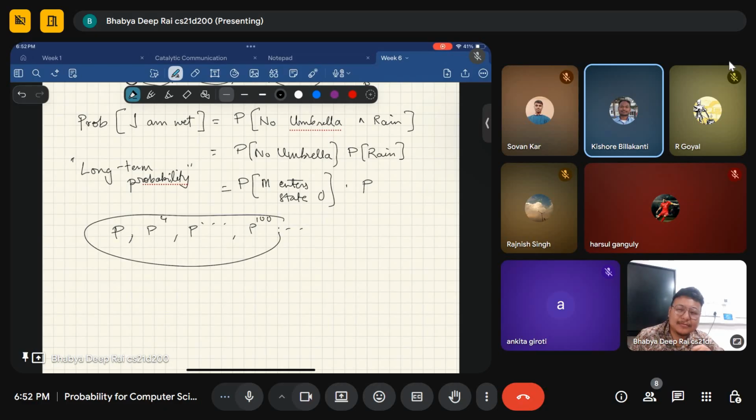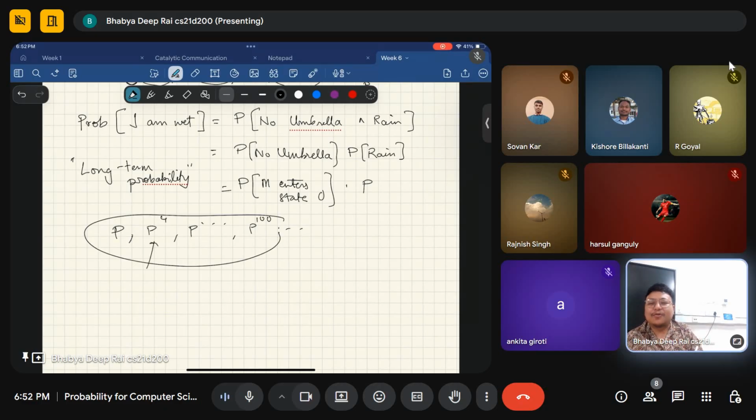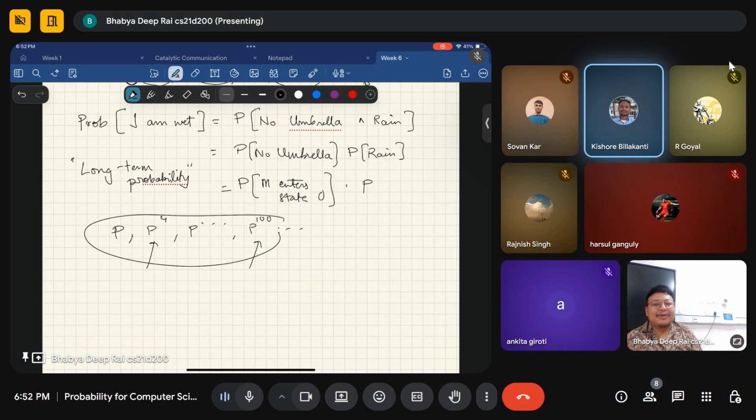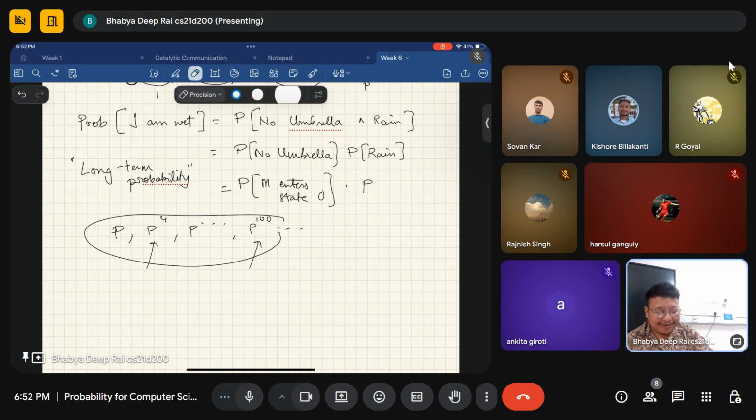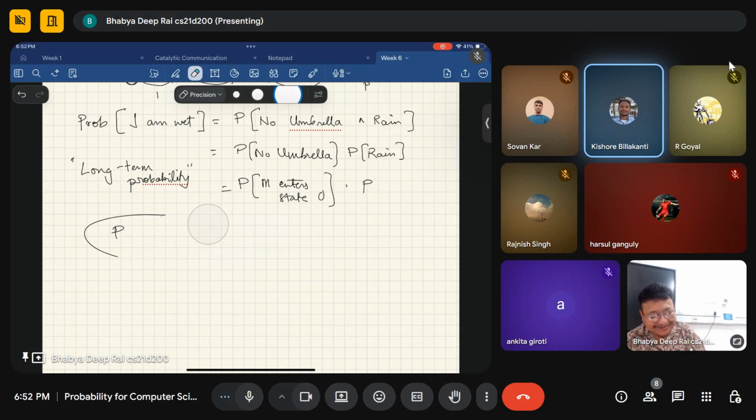So P4 means you are running the Markov chain for four steps. P100 means you run the Markov chain for 100 steps, and so on. The probability of entering the states in 100 steps. But okay, should I reveal it, or do you guys want to think about it?